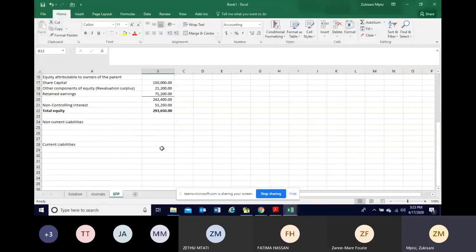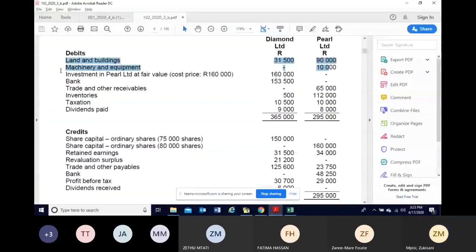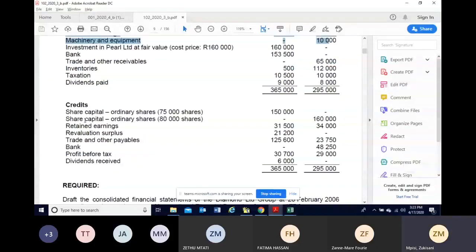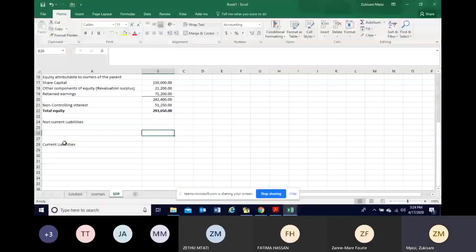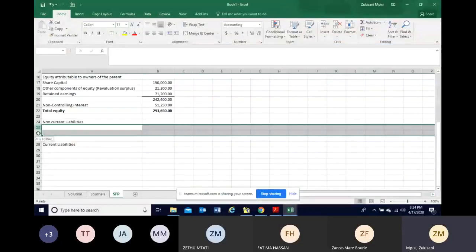Equity, then we go to liabilities. So we've dealt with everything here. We've got trade and other payables. And then we've got bank. If bank is on credit, it means that it's a bank overdraft. I don't see long-term liabilities.